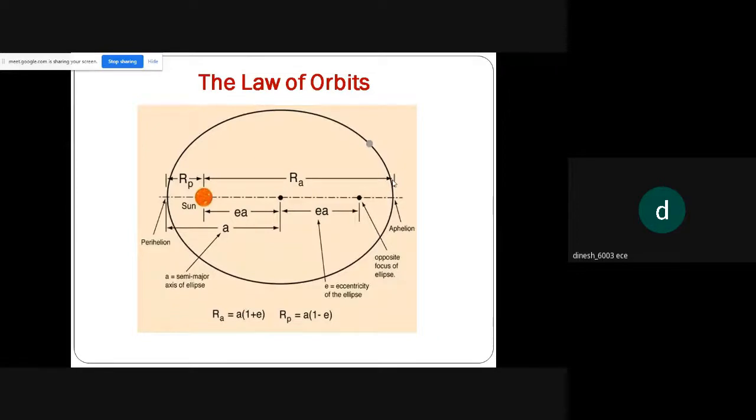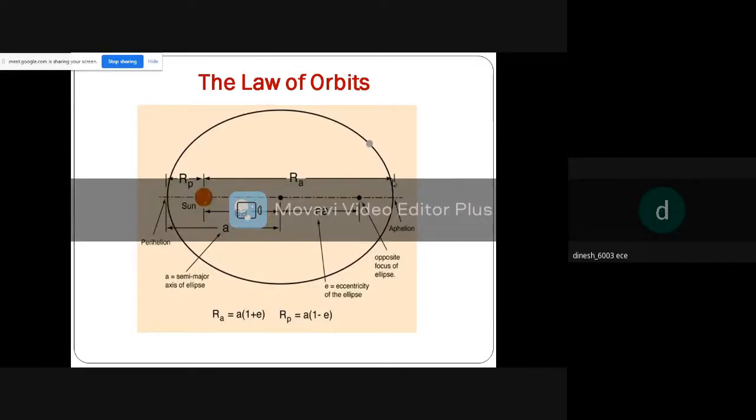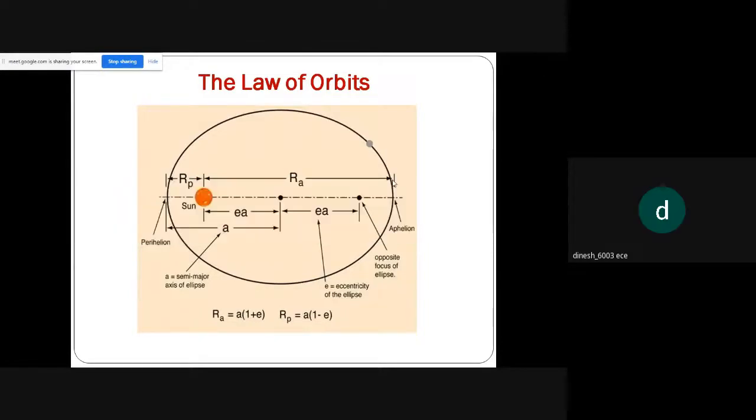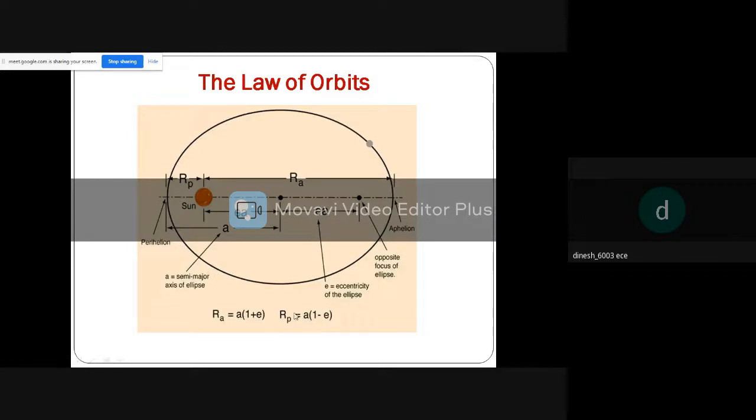This is the focus of the planet with respect to the sun. How do I calculate RA? RA can be calculated as the semi-major axis times 1 plus eccentricity E, and RP can be calculated as A times 1 minus E, where A is your semi-major axis and E is the eccentricity of the ellipse.